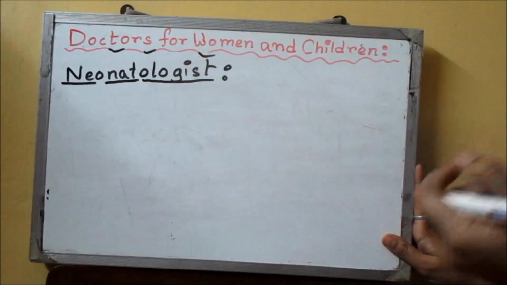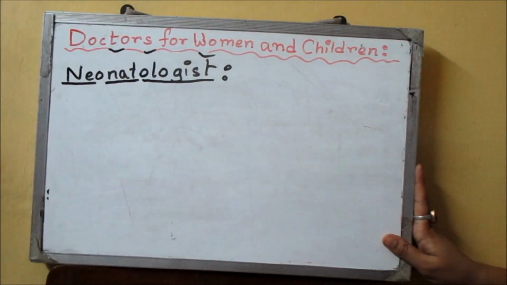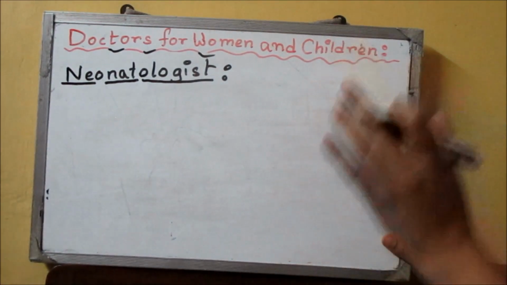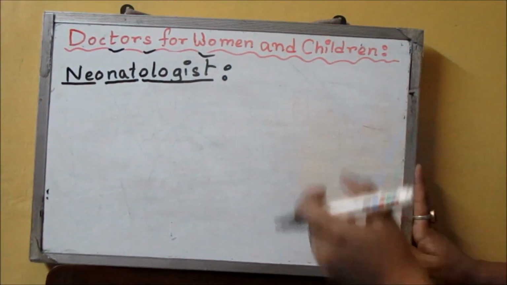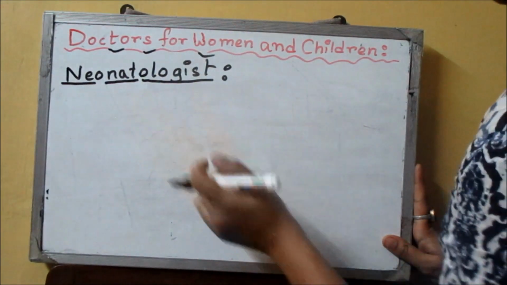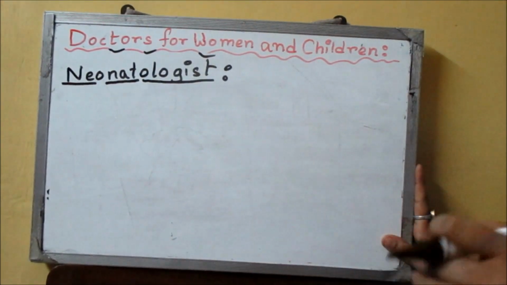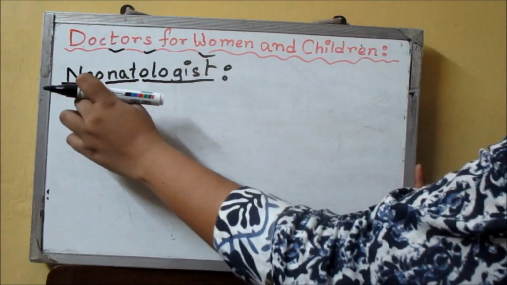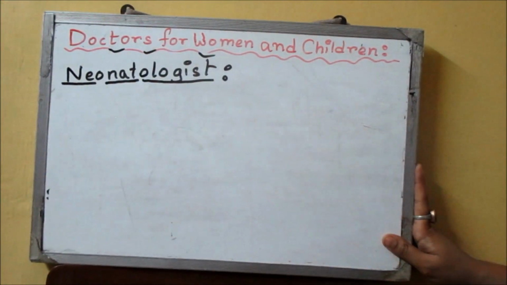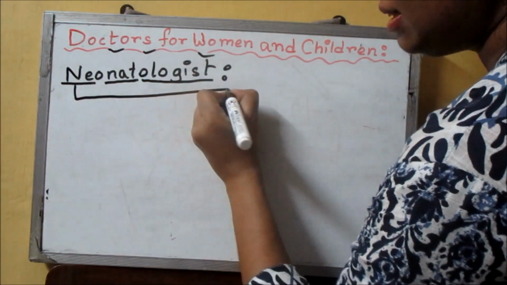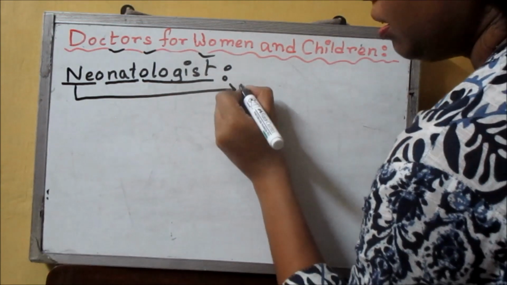So who is an ologist? An ologist is a person who expertises in a certain branch of study, right? And you have already come across the word neo, which means new. So let's see what this makes.